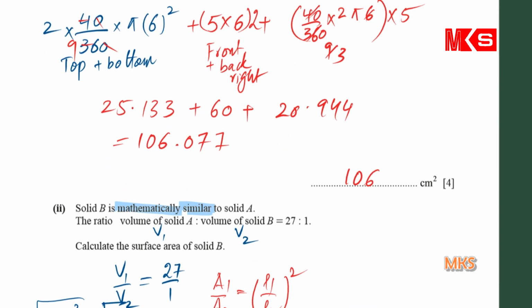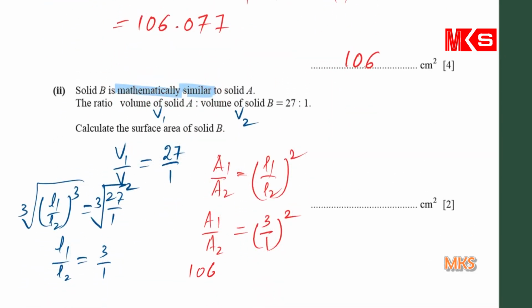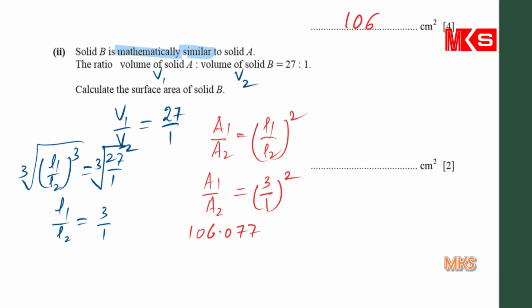Because V1 was the volume of solid A, A1 will be the surface area of solid A, which is 106.077 over A2, which we are going to find, the area of B, which is equal to 9/1.